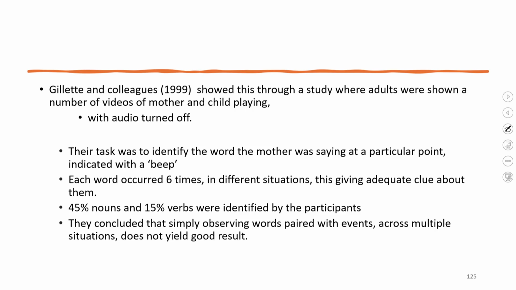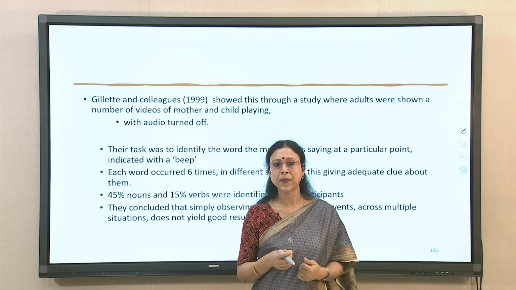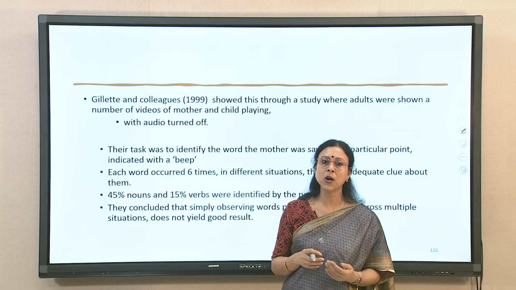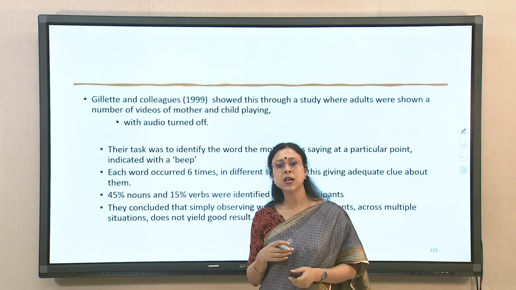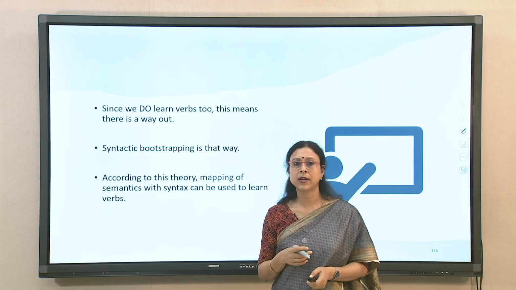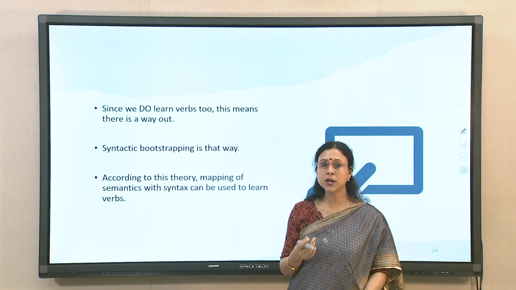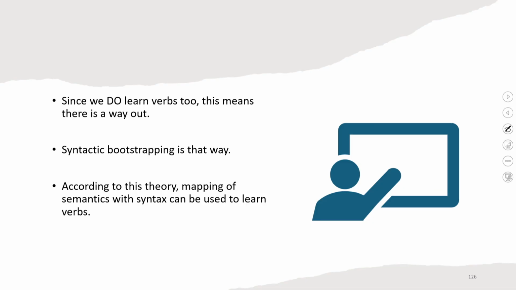So, in spite of giving an adequate amount of cues, the participants could not understand the verbs correctly most of the time. 85% of the time they failed. So, they concluded that simply observing words paired with events across multiple situations is not really good enough. Since we do learn verbs too, this means there is a way out, and that way is syntactic bootstrapping.